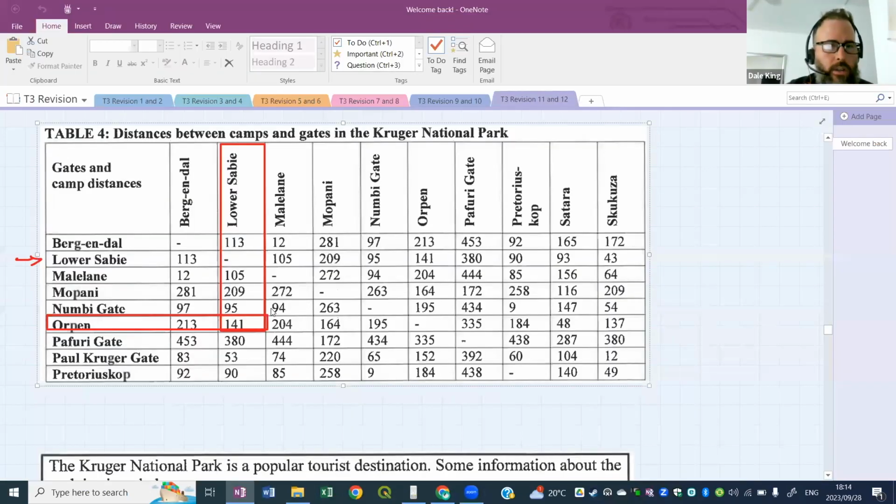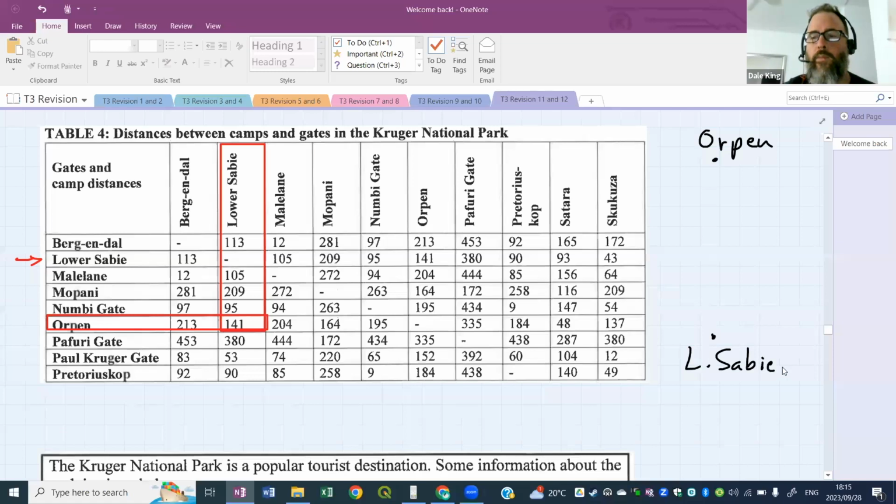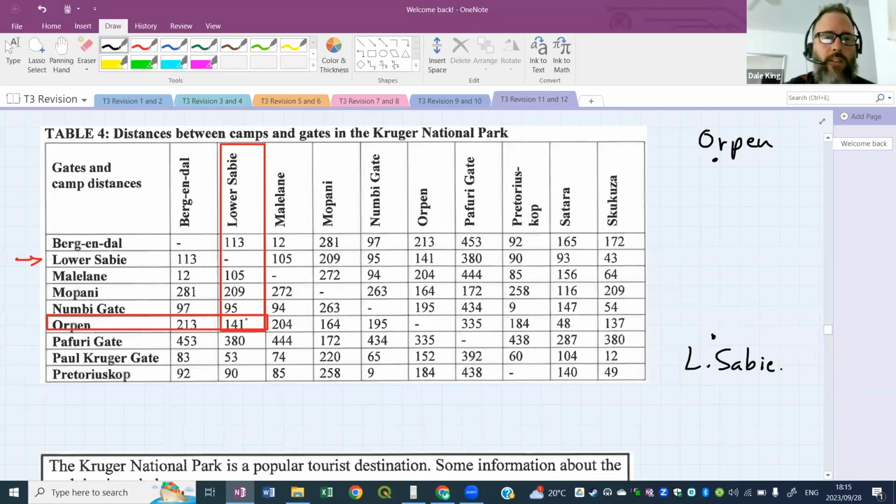So think about it like this. We need to go from this point here to this point here. Let's say we're going from Alpen to Lower Sabi. And we know, according to the table, that the distance is 141 kilometers.